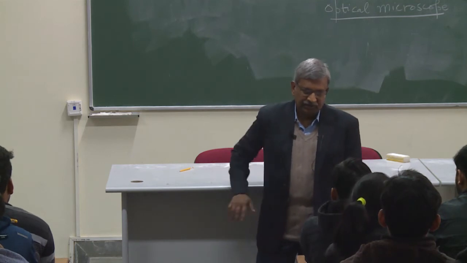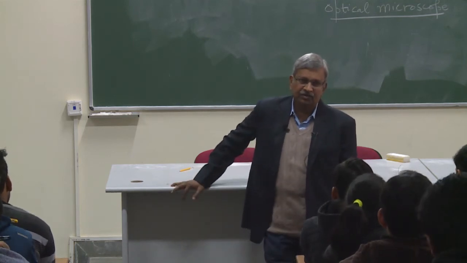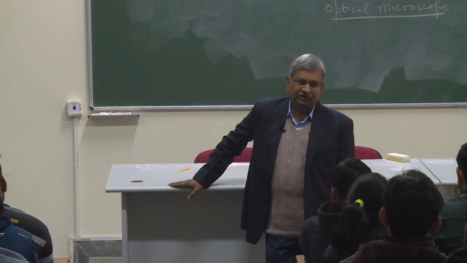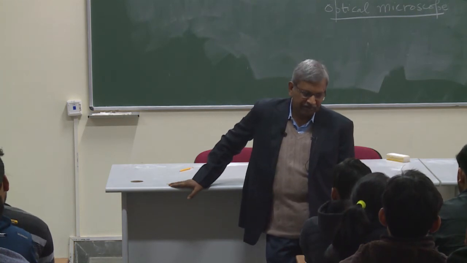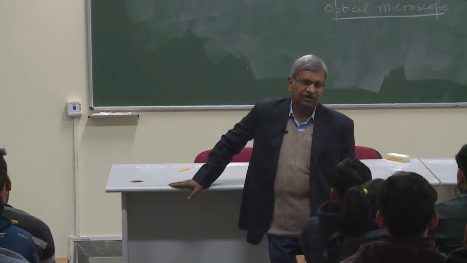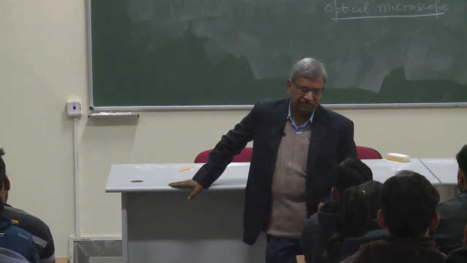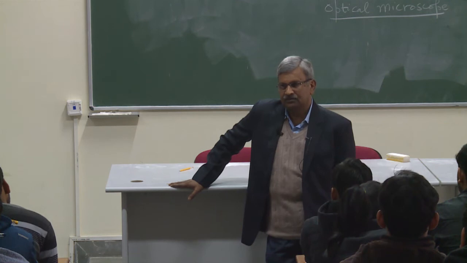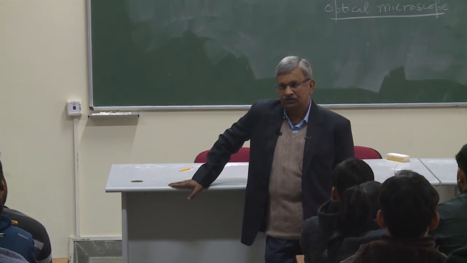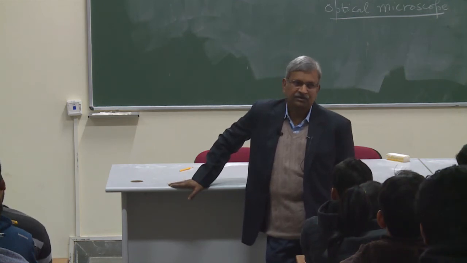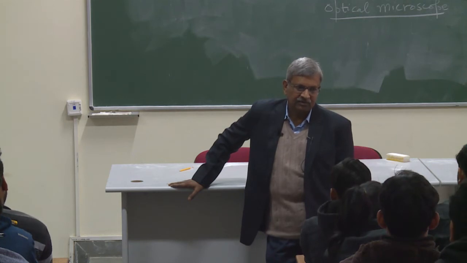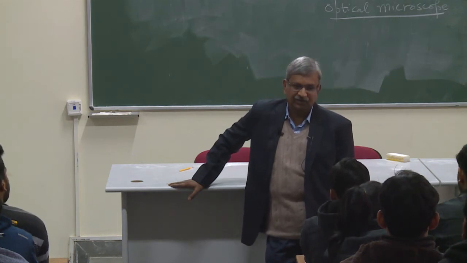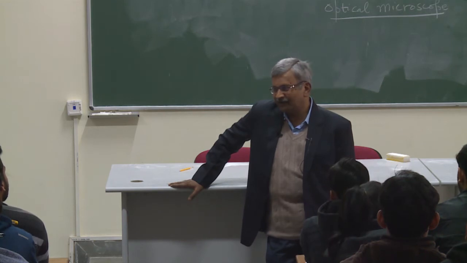But you will not be able to see any X-ray microscope. So you have to find out by tomorrow, because I have a class tomorrow, why X-ray microscope is not there.